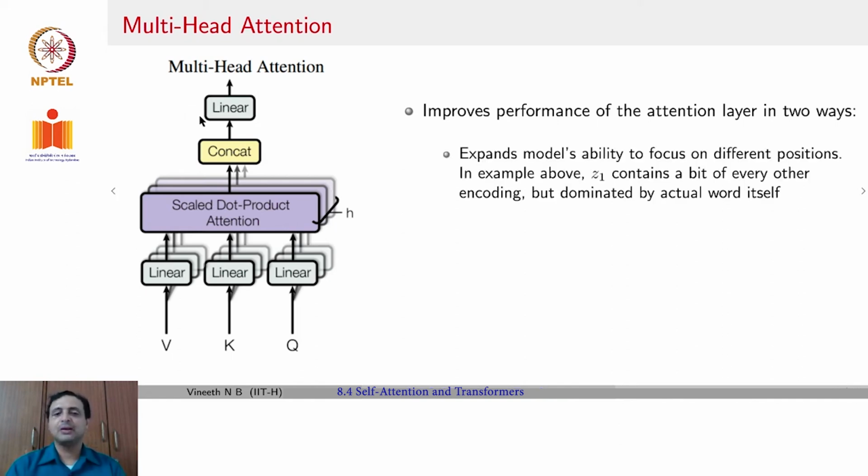How does this help? This expands the model's ability to focus on different positions. So different WQ, WK and WV weight matrices could help the model focus on different parts of the sentence, which could together enrich the processing of the current word.